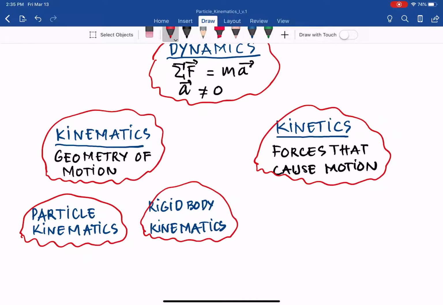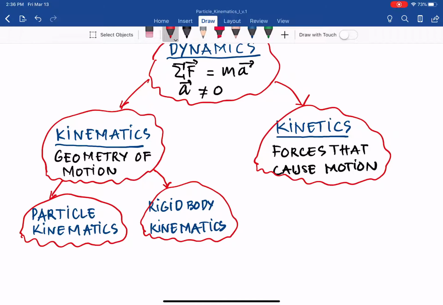So that is one branch of dynamics, kinematics, and in kinematics we have particle kinematics and rigid body kinematics. Similar to equilibrium, we have particle equilibrium and rigid body equilibrium in statics. And talking about kinetics, which studies forces that cause motion.